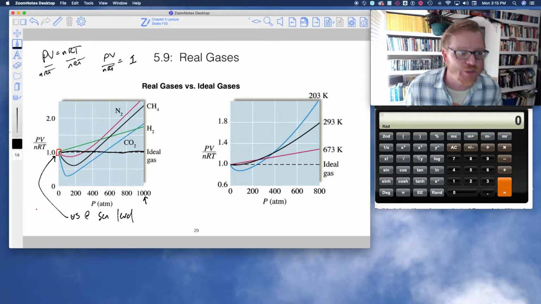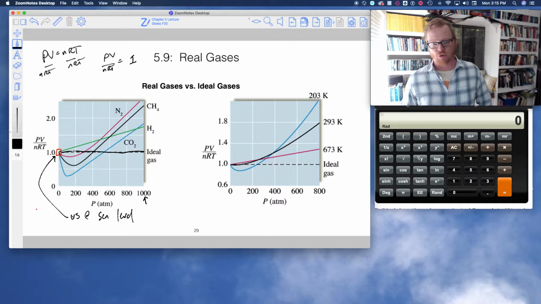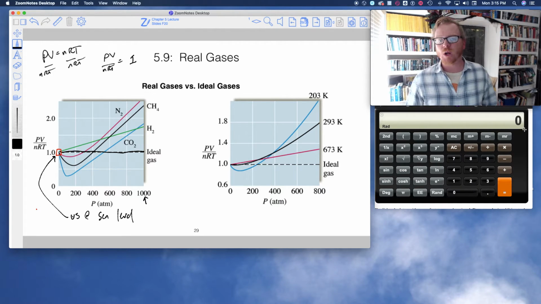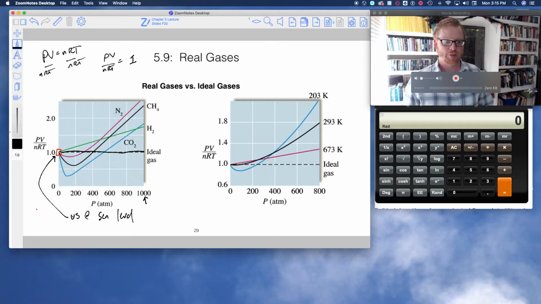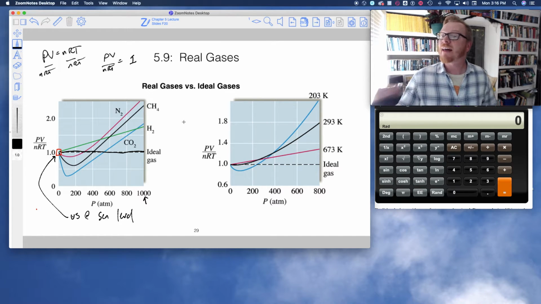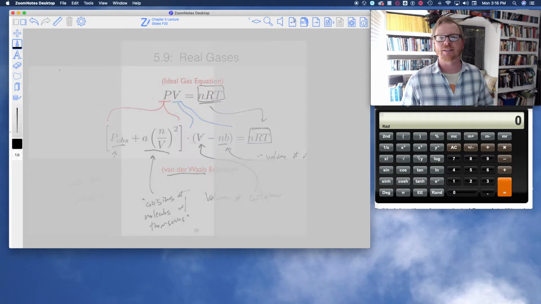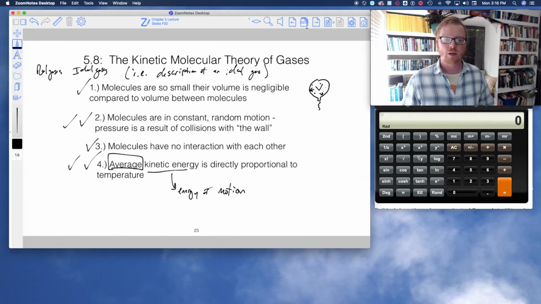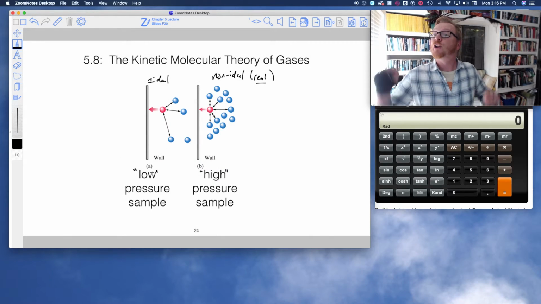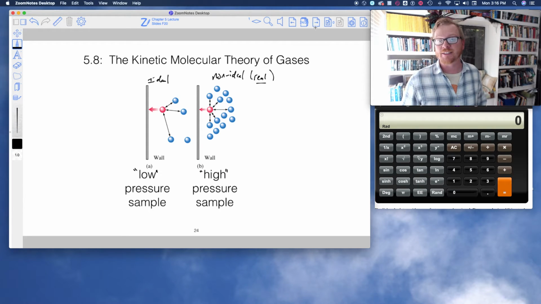If you zoom way in, you see they're all around that 1.0 mark. So at sea level, these things are always behaving ideally. But you notice when you go to really humongous pressures, they're not so ideal anymore. And that's what I talked about at the very beginning slide: a low pressure sample is fairly ideal, a high pressure sample is not ideal.